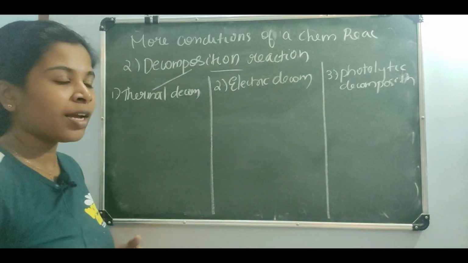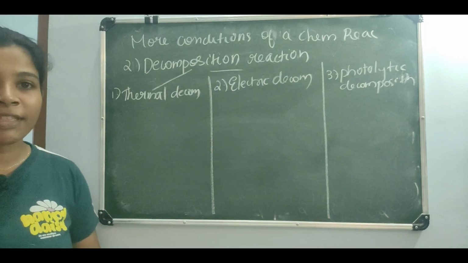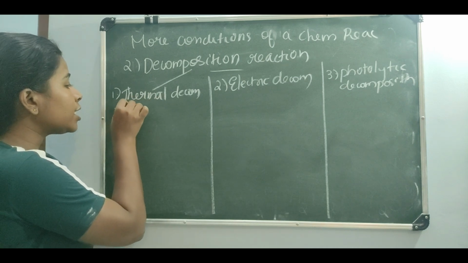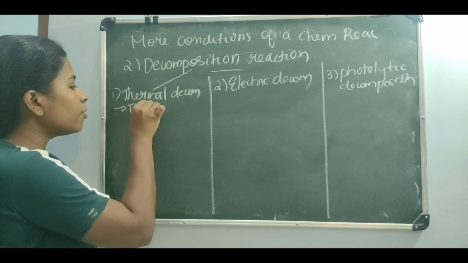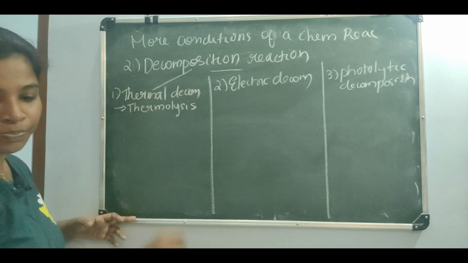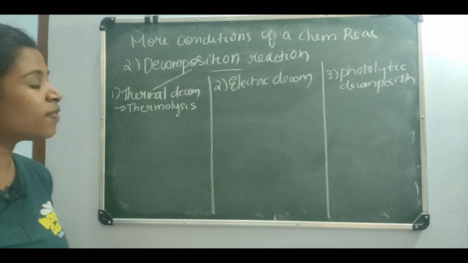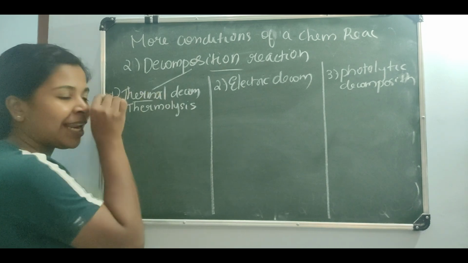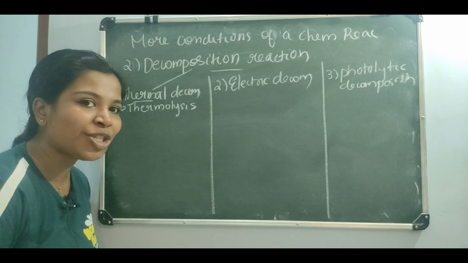Now what do you mean by thermal decomposition? This is also known as thermolysis. So what will be happening in thermal decomposition? Thermal means it is something related to heat.